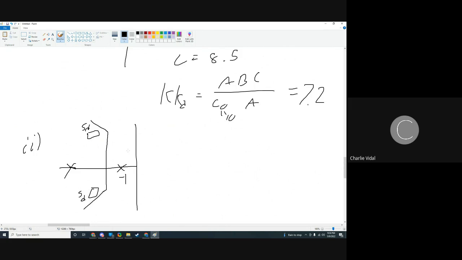Hold on a second. I've got to remember if I did this right. Okay. Four plus 3 is equal to 7. We do. I might have done this wrong, which I'm not happy about.